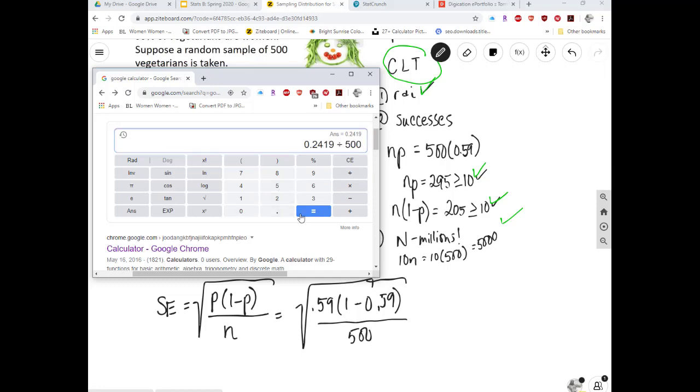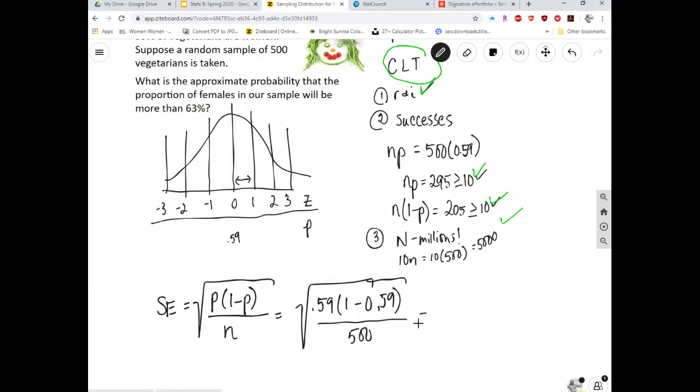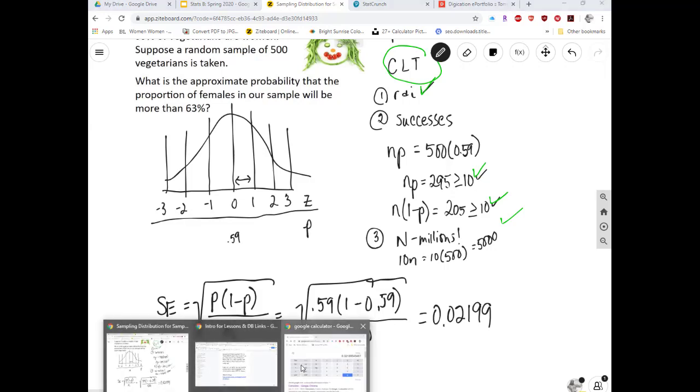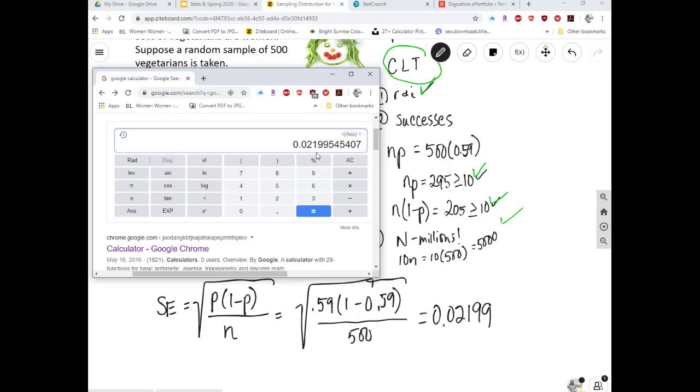Now I've got everything underneath the radical, so I take the square root of the answer, and I get my standard error. Let me double check that I remembered that number correctly. I'm just going to write everything out.